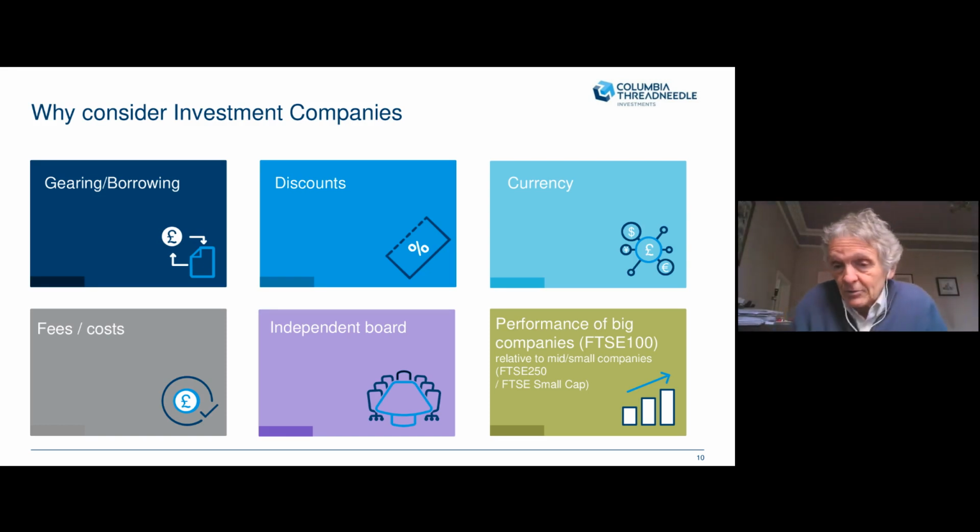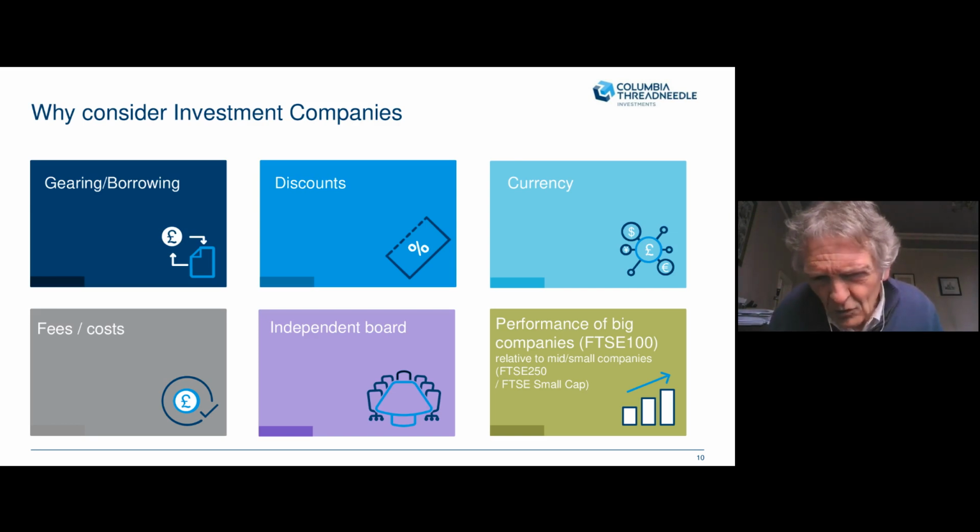However, they've underperformed of late, and that's one of the reasons why a lot of investment companies have underperformed, because if you're an active fund manager, it's very difficult to, say, be overweight Shell, which is 8% of the FTSE 100 index, or HSBC, which is something similar.